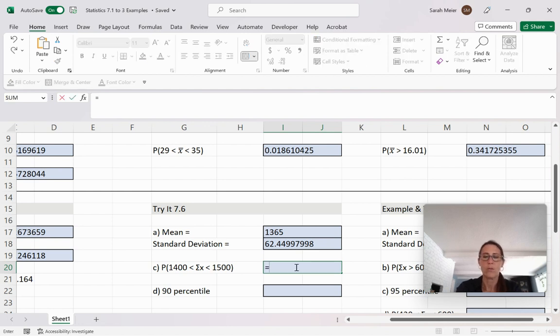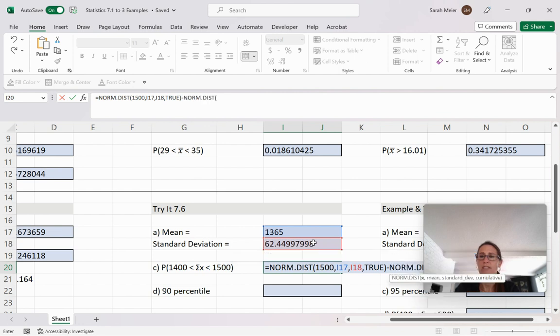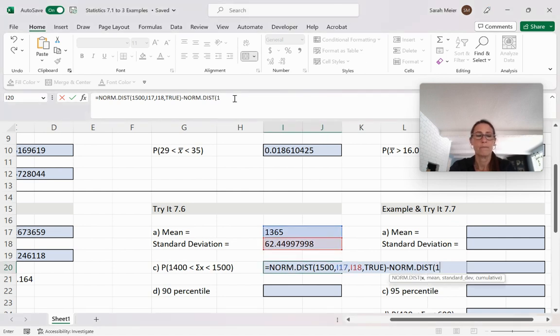Remember, our between formulas are going to be the bigger one, so that's 1,500. Here's our mean, so I'm just going to click on that cell reference, and then the standard deviation, click on that cell reference and use the word true. And then I'm going to subtract off the normal distribution, the probability that we're less than the 1,400.